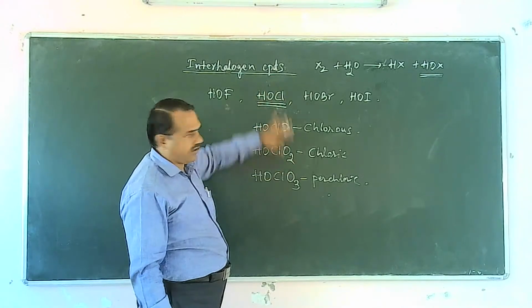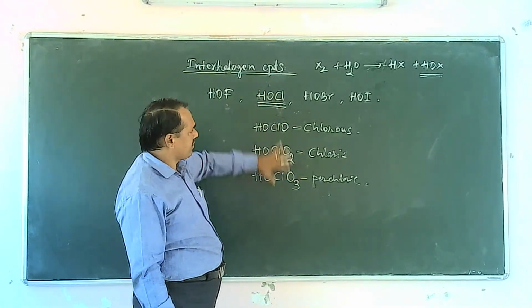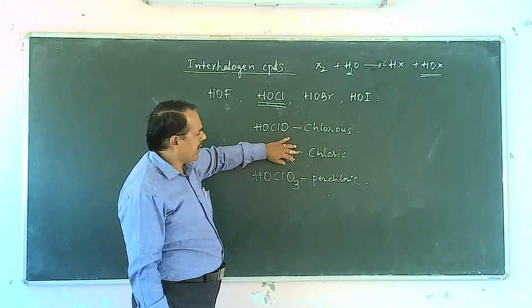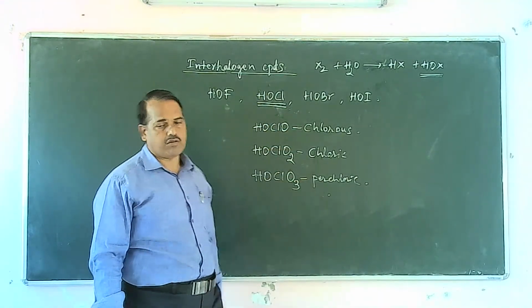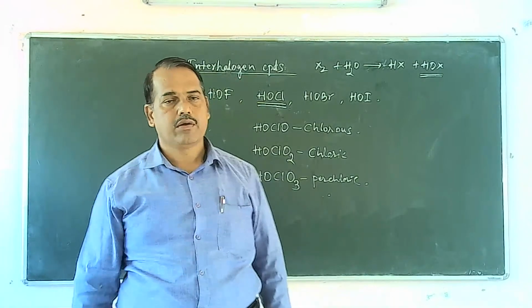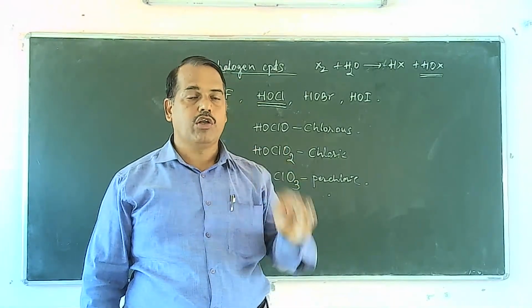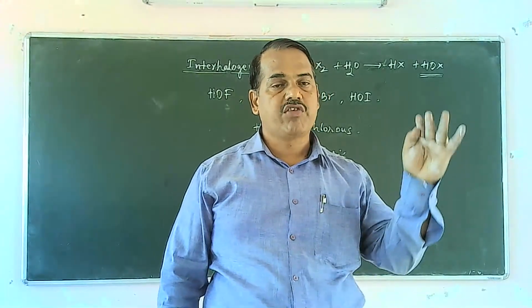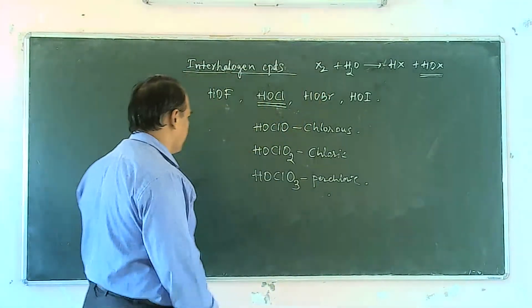See, you have to write these structures. What are those structures you have to write? Chlorous acid, chloric acid, and perchloric acid. Are you clear? According to your syllabus, you have to draw the structure, and those structures can be asked for your annual examination.